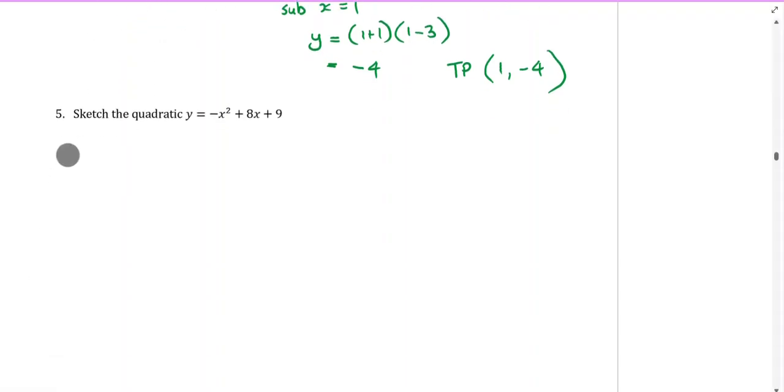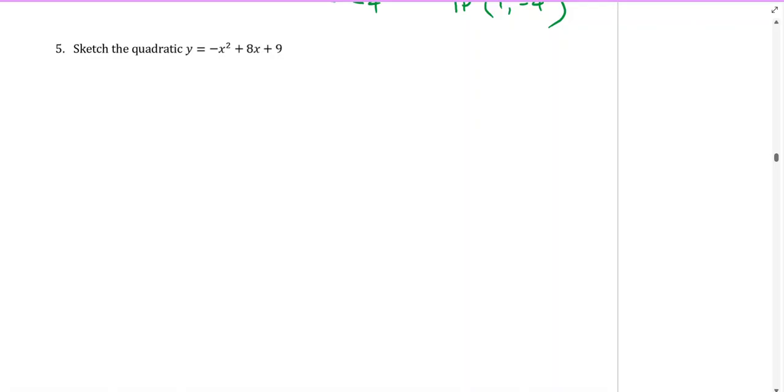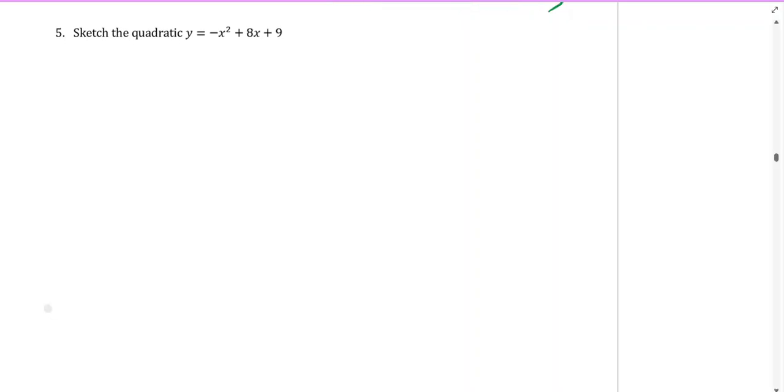Okay, question 5, lucky last one. Sketch the quadratic y equals negative x squared plus 8x plus 9. So I'm going to start by factorizing out the minus sign. So I have x squared minus 8x minus 9, which means that I can factorize that trinomial, which would be x minus 9, x plus 1.